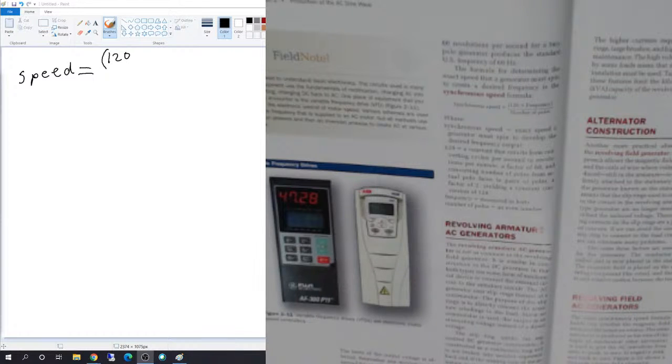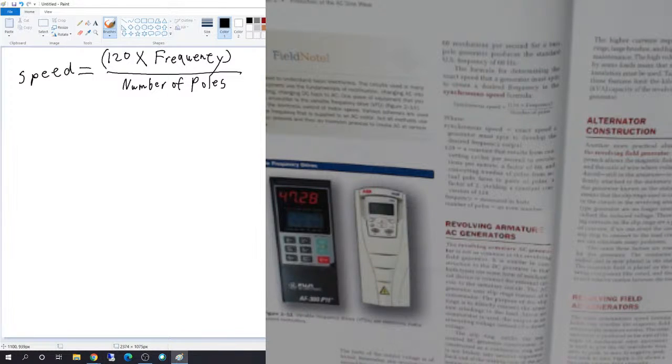Okay. Hopefully that was only for a couple minutes. 120 times frequency over number of poles.